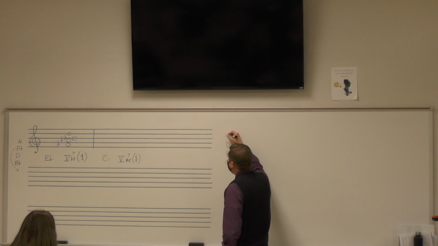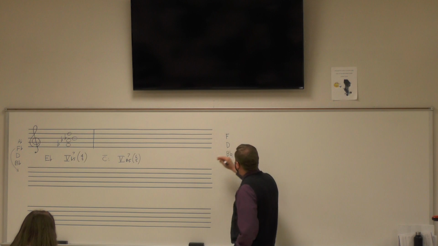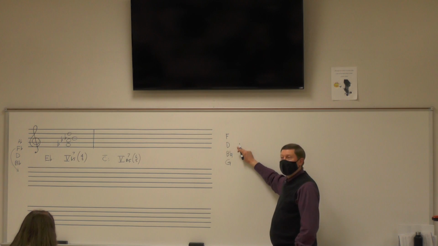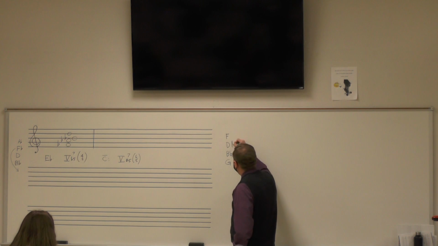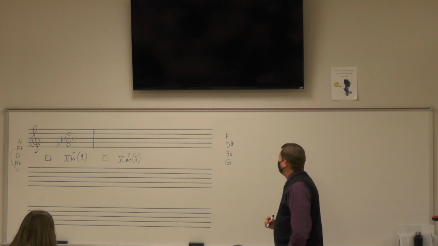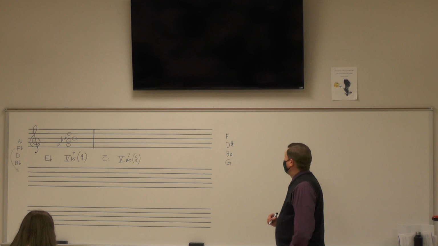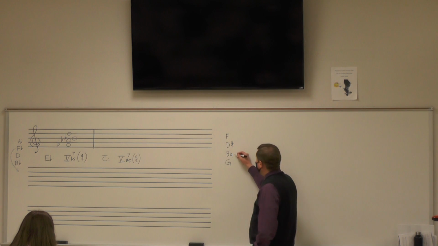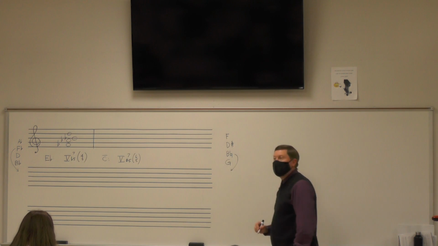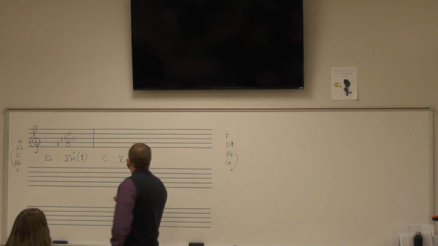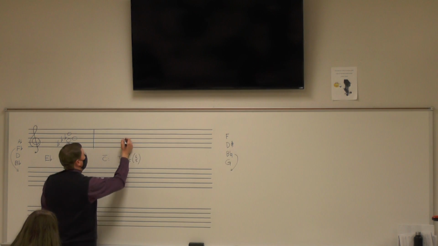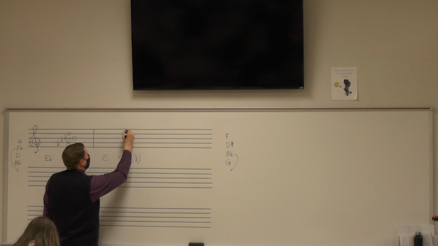Normally it would be D and it would be F, but I've got to raise the fifth of the chord, correct? So it becomes D sharp. Placing this 7th chord in first inversion means the B goes on the bottom. B. I'll have to get the accidentals in a bit. D sharp.